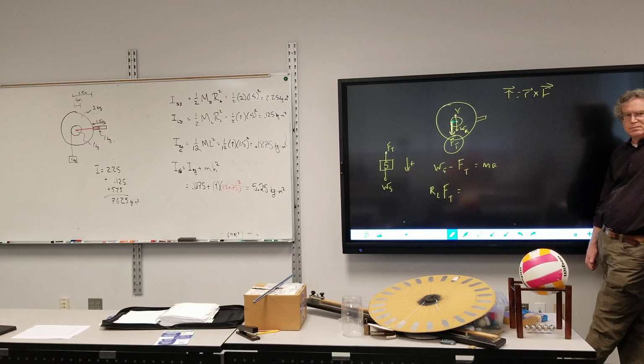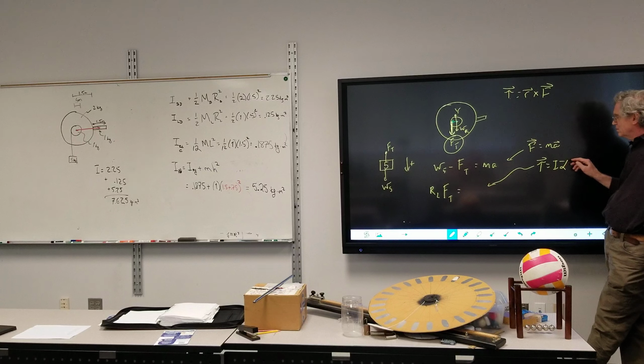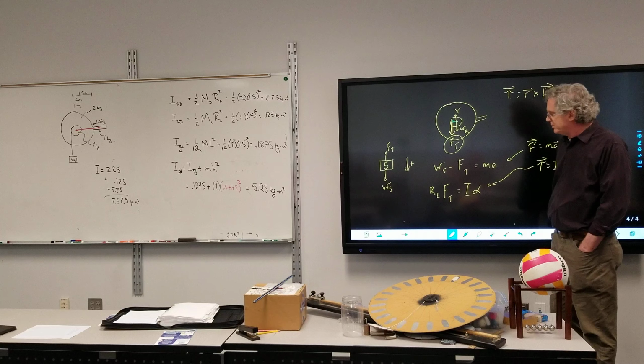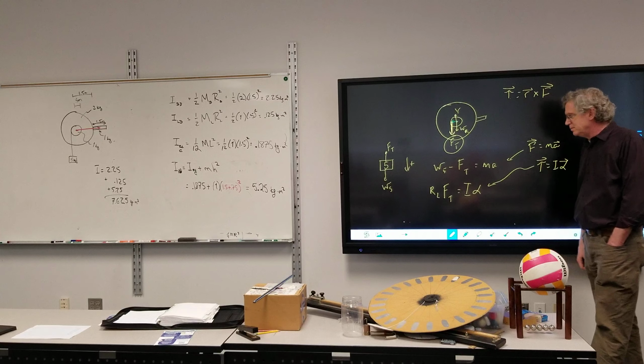Remember, this equation right here comes from F equals ma. What is the torque equation? I alpha. So this is going to be equal to I times alpha. All right, we know R_L.